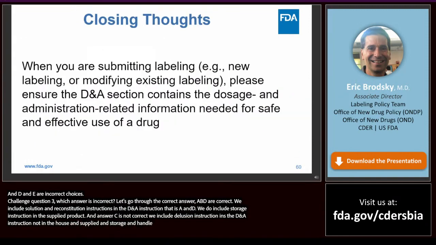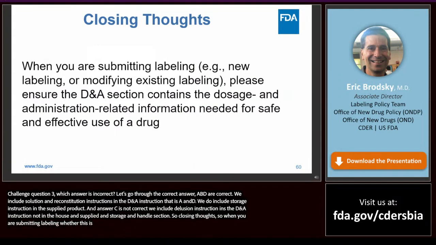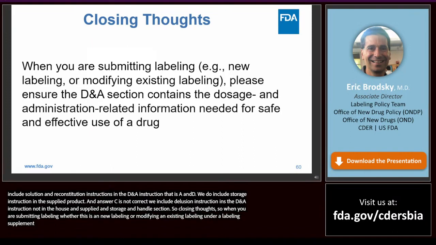So closing thoughts. So when you're submitting labeling, whether this is an NME labeling, new biological product labeling, or you're modifying an existing labeling under a labeling supplement or efficacy supplement, please ensure the DNA section contains all the DNA information needed for the safe and effective use of the drug.